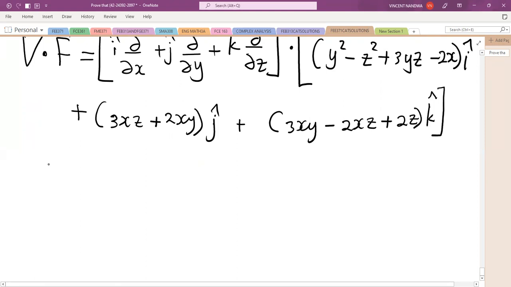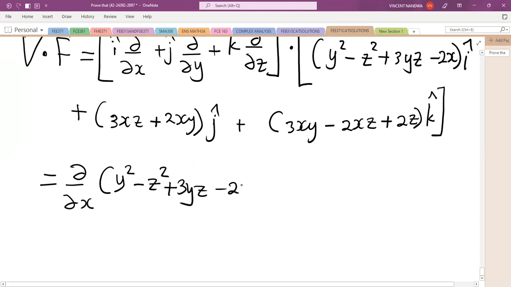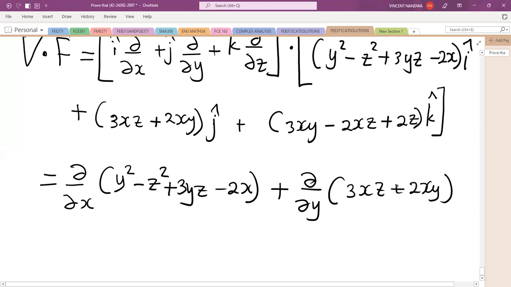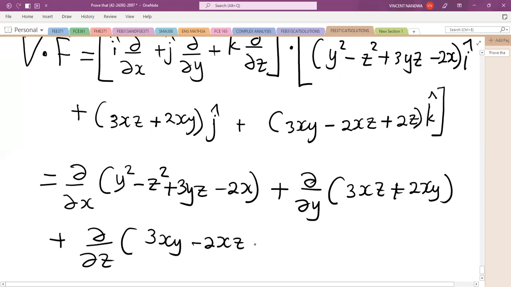So this will be given by partial x of the i component, y squared minus z squared plus 3yz minus 2x, plus partial y of 3xz plus 2xy, and then plus partial z of 3xy minus 2xz plus 2z.